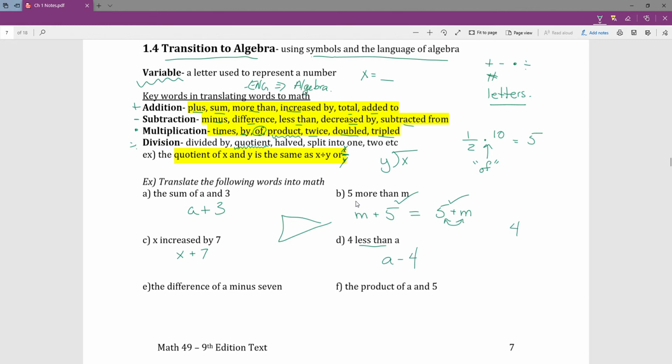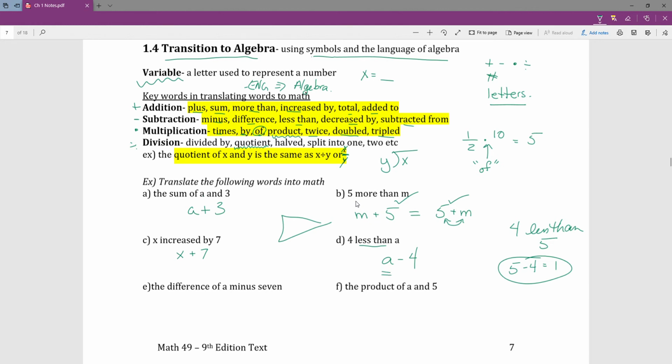If I did 4 less than 5, dealing with numbers only, we'd have 5 minus 4. 4 less than 5 is 1, and we would know that with numbers. So don't forget, what makes sense in numbers also stands for algebra when we're dealing with these variables.